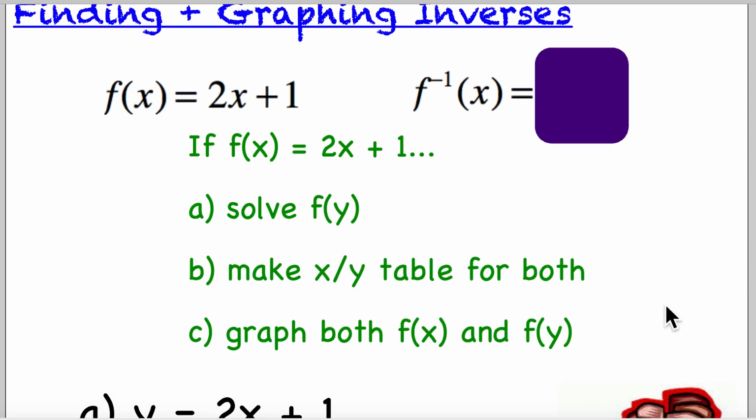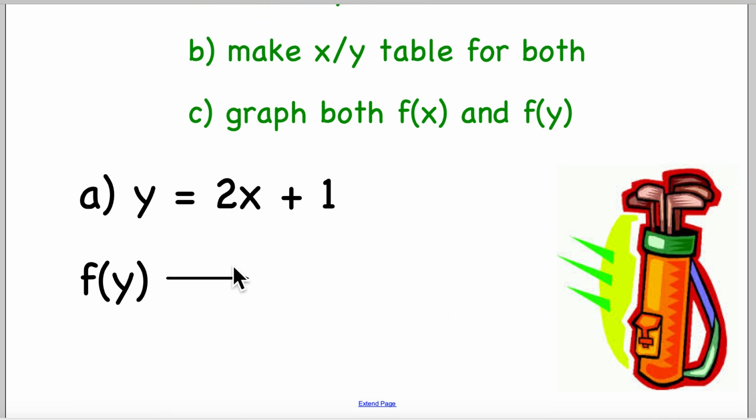And if you want to graph it, make a table and graph. I would just rewrite f of x as y, so you can use one letter instead of two. At this point we do f of y, so it's going to be x equals 2y plus 1. And that right there, ladies and gentlemen, is the inverse.